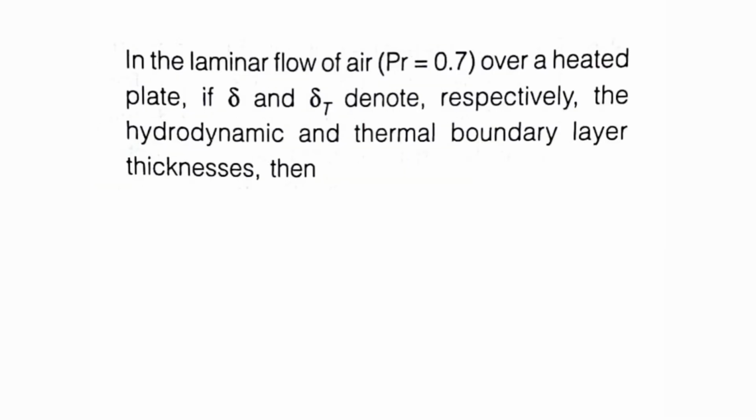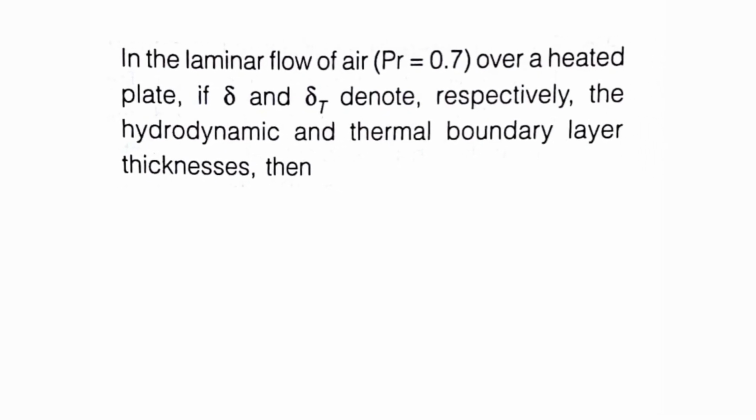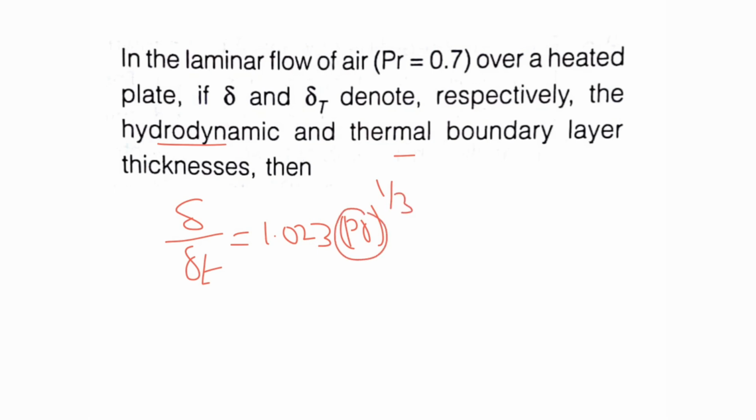In a laminar flow where Prandtl number is 0.7 over a heated plate, if delta and delta T denote respectively the hydrodynamic and thermal boundary layer thickness, then we have to find the relation between them. We know that the relation is delta upon delta T is equal to 1.023 into Prandtl number whole power 1 by 3, and the Prandtl number is given as 0.7.